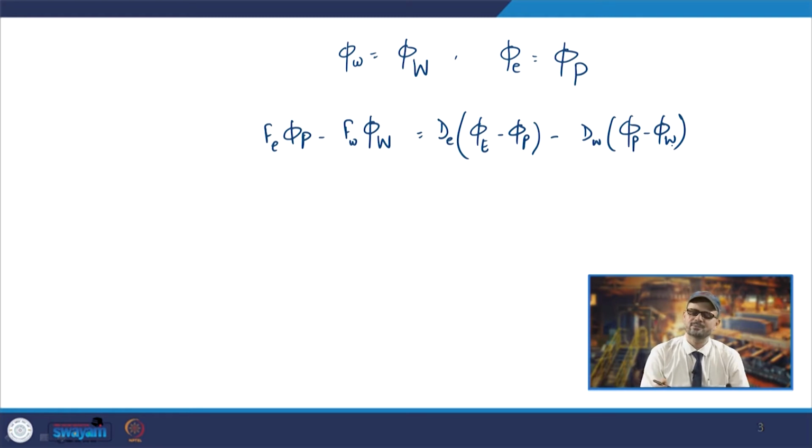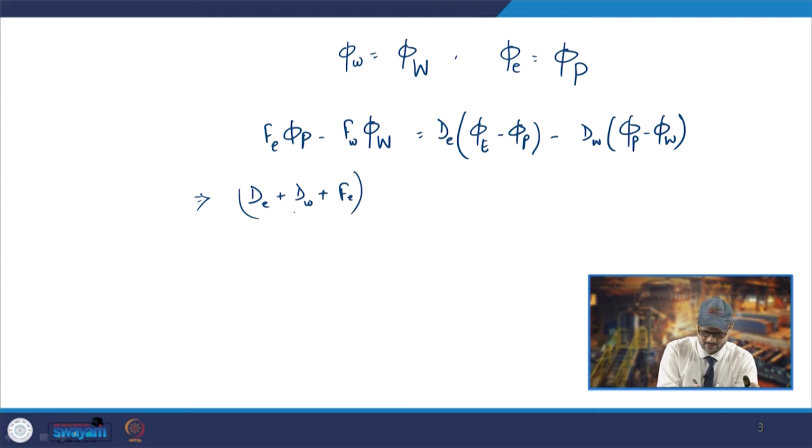If you take phi P terms on one side, you will have minus d E on this side, and minus d W is coming, and F E. So this implies that if you take the d E and d W and F E, that will be multiplied by phi P, and that will be equal to the phi E and the phi W terms.